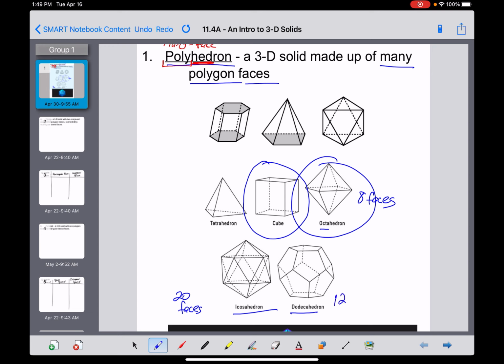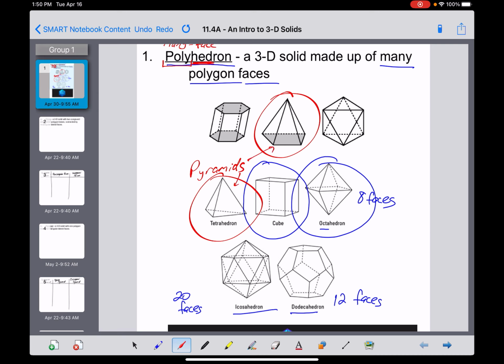Dodecahedron, that one, like dodecagon, is going to have 12 faces. So there's a lot of weird things that are out there. When we get into shapes that look like this tetrahedron right here or this guy, we end up talking about something called pyramids, which is a word everybody knows fairly well, but we'll get into greater detail in a second about what that means.